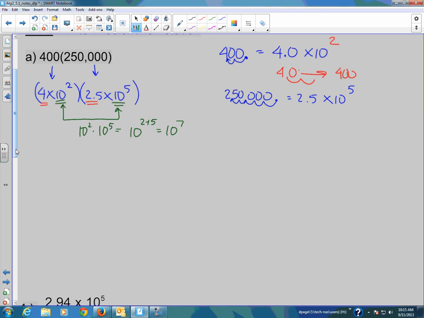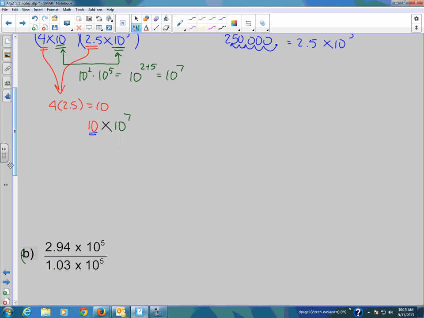Now what we do with the 4 and the 2.5 is we multiply them together. This equals 10. c being between 1 and less than 10.